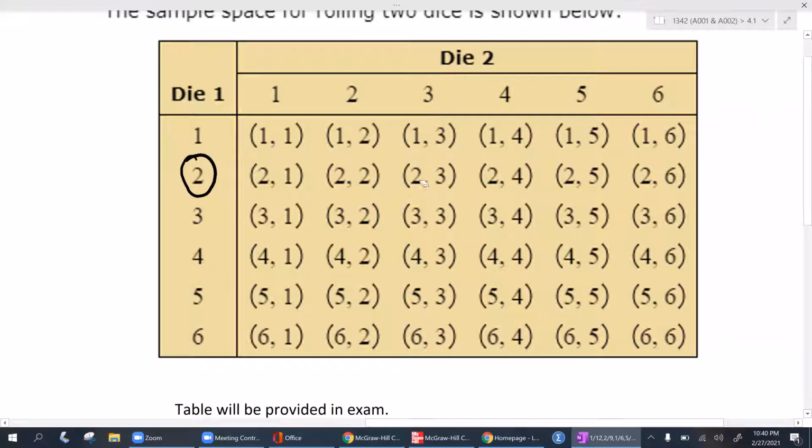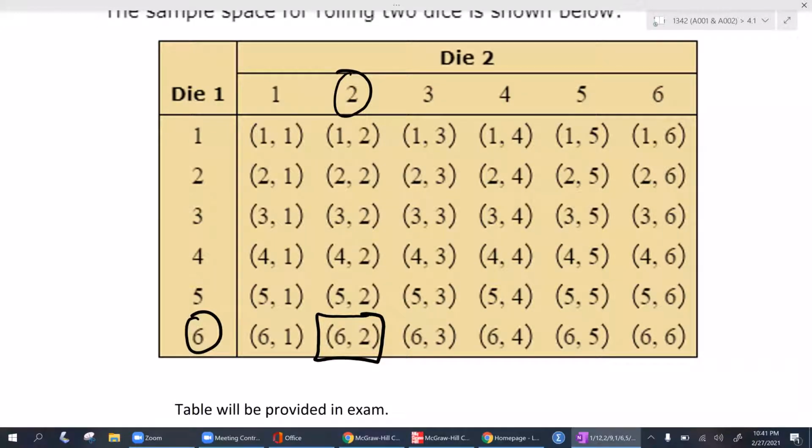Let's say you want to know the sum when the first die lands on a 6 and the next die lands on a 2. You look where they both intersect. The sum of those 2 dice is going to be 6 plus 2, which is 8.